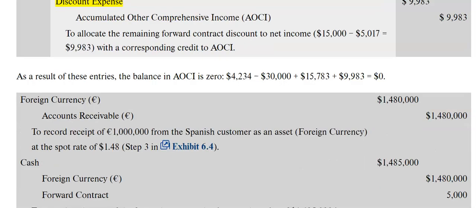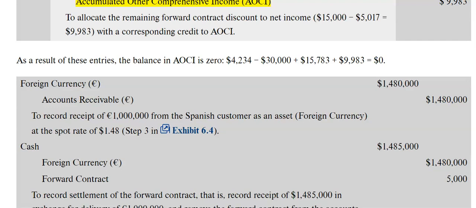Discount expense, $9,983. Accumulated other comprehensive income, AOCI, $9,983.